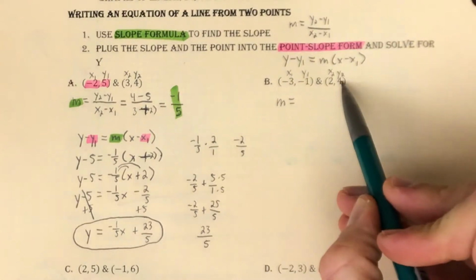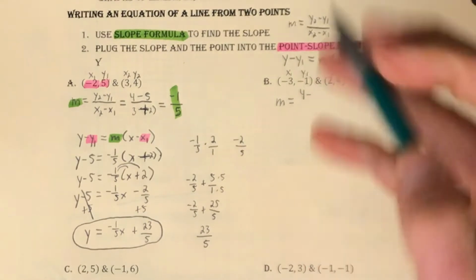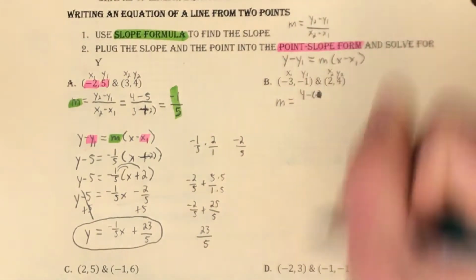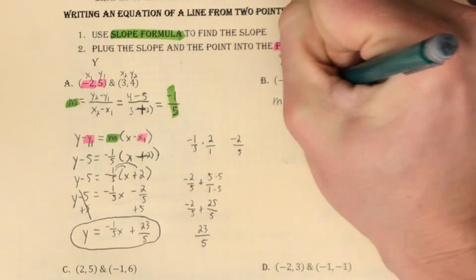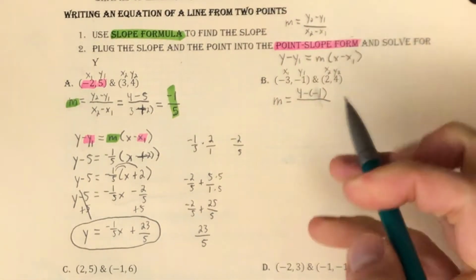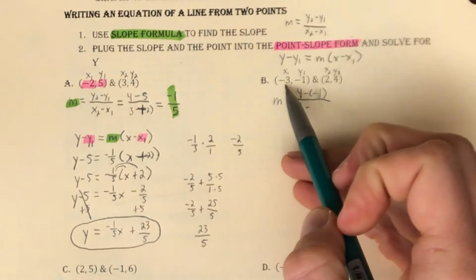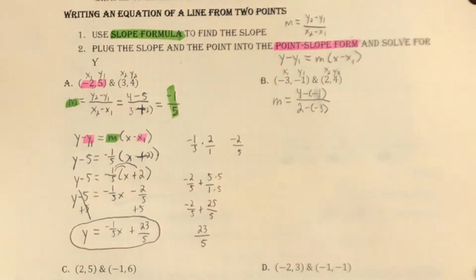Well, my y2 is 4, so 4 minus my y1 is negative 1. Let me rewrite that. So negative 1, right, over x2, which is 2, minus x1, which is negative 3. So first thing we want to do, get rid of any double negatives.